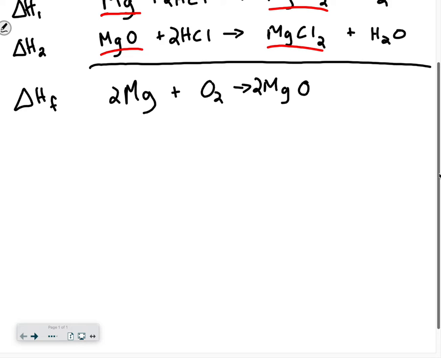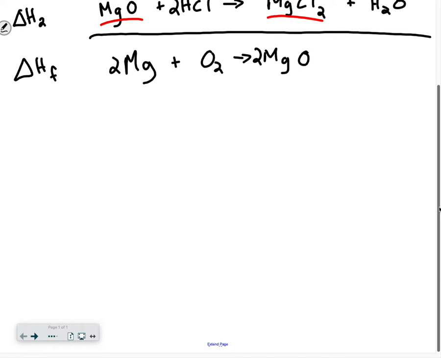Now, another way to visualize that is an energy cycle. We had magnesium, and we have magnesium oxide. And you can also think of our common product being magnesium chloride, right?